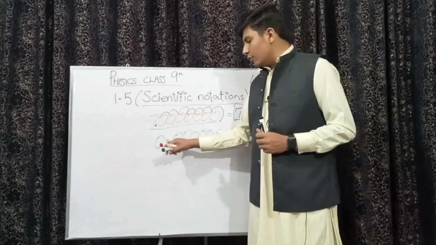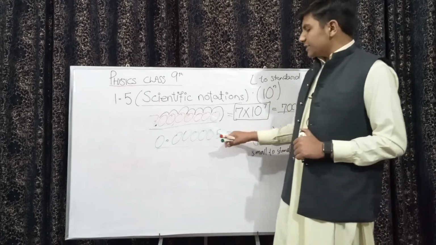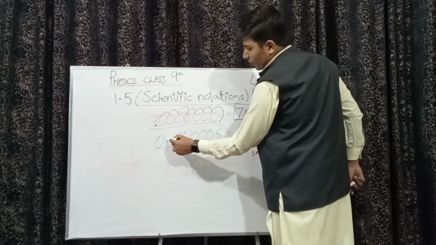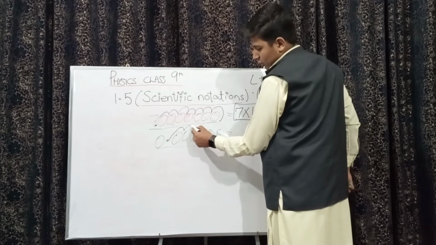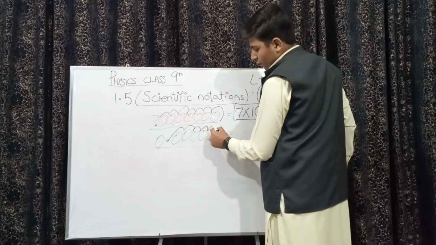Take a value of 0.000005. We'll change it to standard form. So what will happen here? The decimal point is right here. Shift it 1, 2, 3, 4, 5.